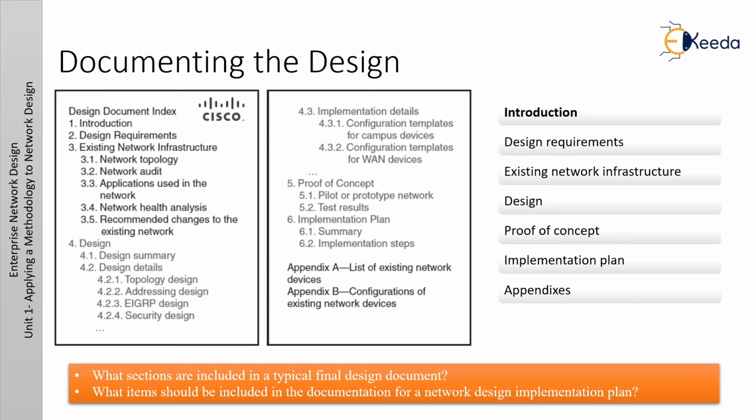So the next important phase is documenting the design. This includes introduction, design requirement, existing network infrastructure design, proof of concept, implementation plan, and appendix. If a question asks what sections are included in a typical final design document, and a second question, what items should be included in documentation for the network design implementation plan, these two questions are addressed with the help of this topic, documenting the design.